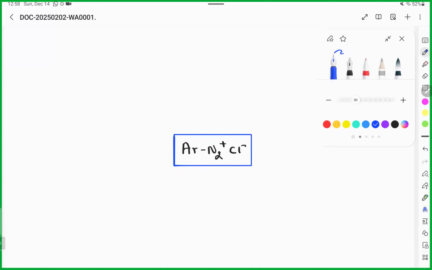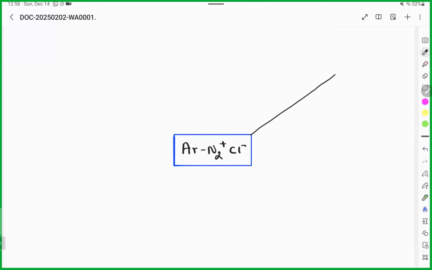If you take copper salt, cuprous halogen, correct? So it will be halobenzene. Second, you simply add KI, then iodobenzene.